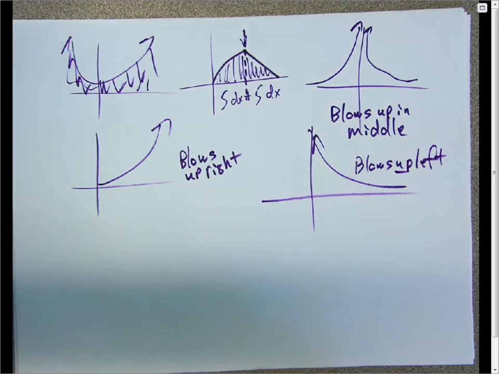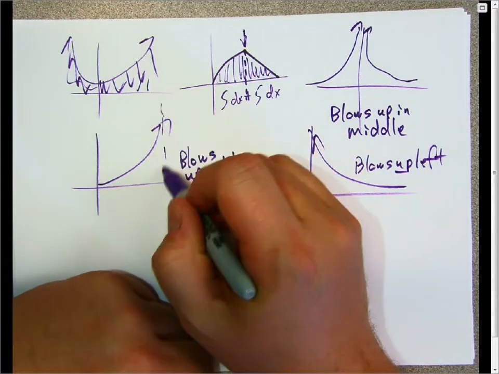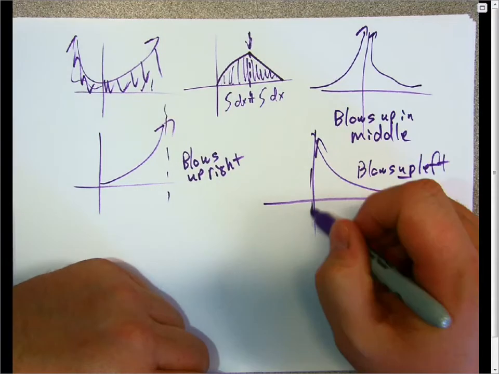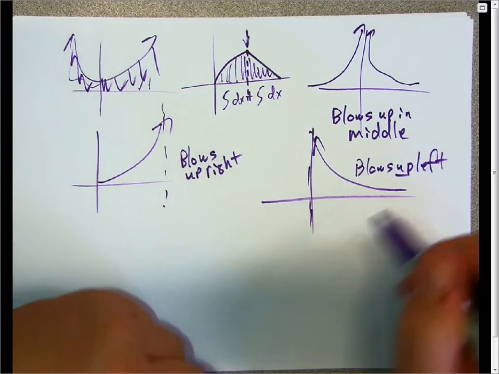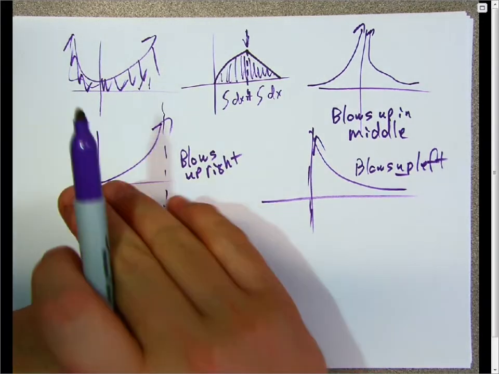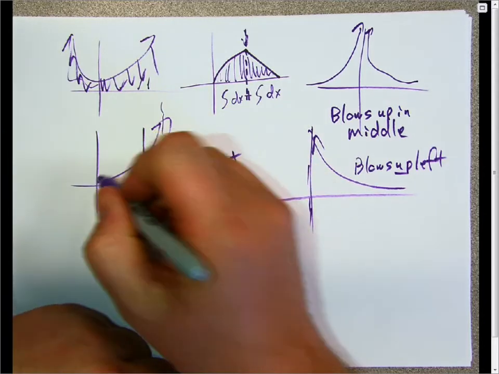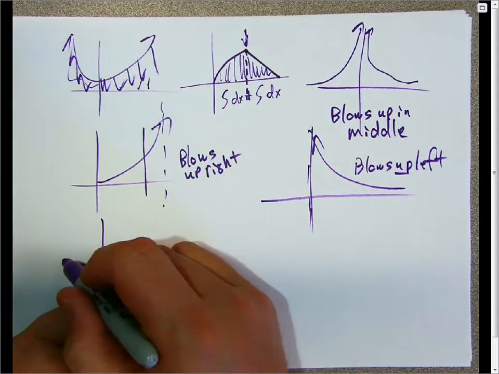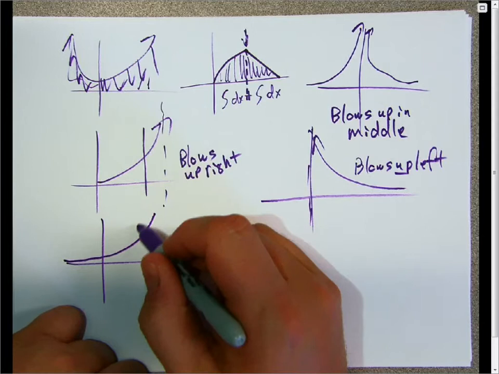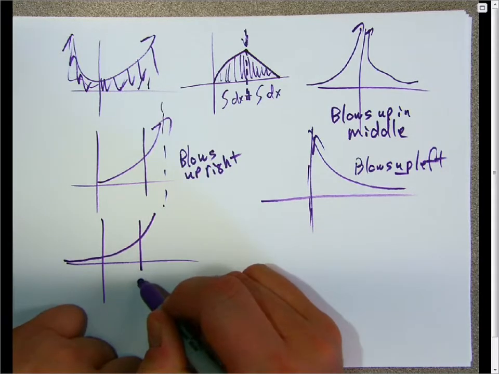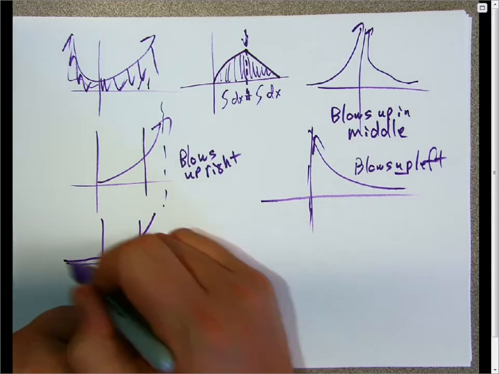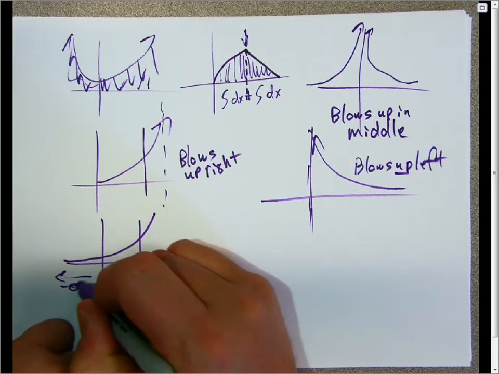Now, the other problem is this only deals with this point here or this point here on the right and on the left. But what if we take the exact same graphs, but I wanted to find the area from here, some value b, and I want to go back to negative infinity.